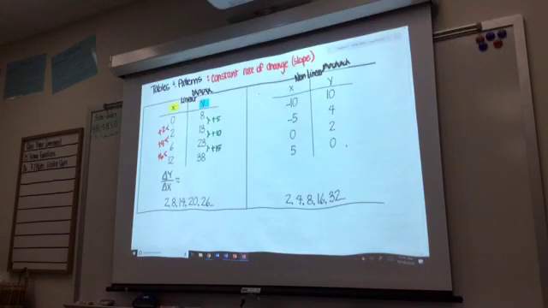So what's the first change in y you see? 5. Its change in x? 2. 5 over 2. What's the next change in y? 10 over 4. And then 15 over 6.